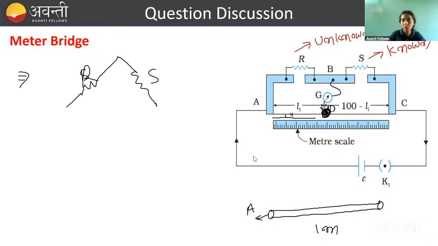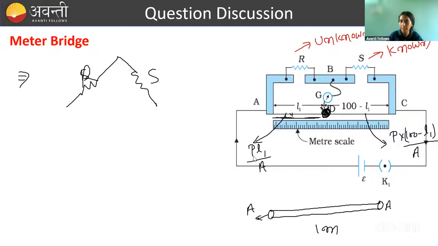So this length of wire will have a certain resistance. How much? If the null point is found at length L1, then the resistance is rho L1 by A, and the resistance of the remaining part will be rho into (100 minus L1) by A. A will remain the same because the whole wire has the same area of cross section.